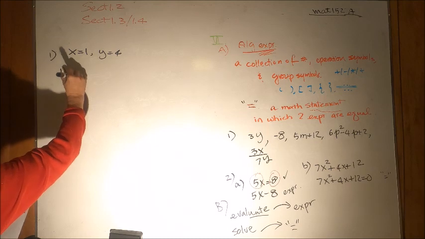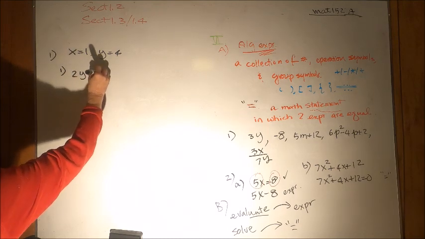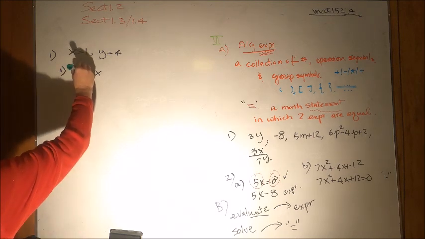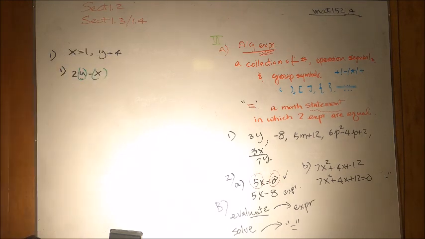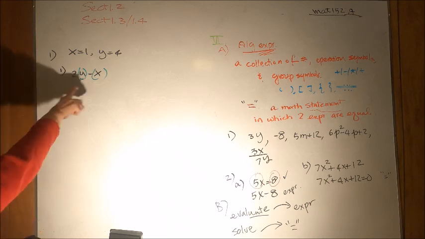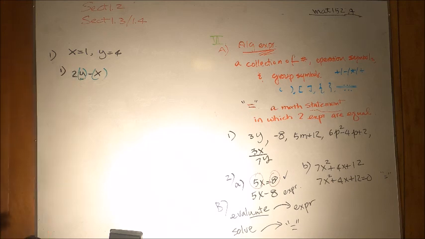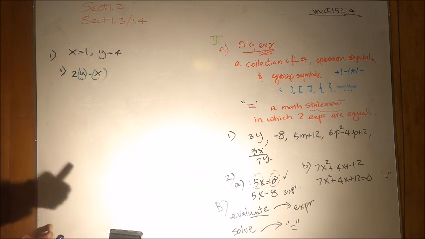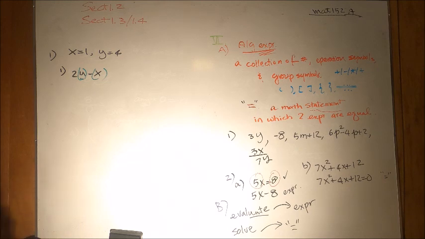So we say evaluate what you have, how much you are worth. All you need to do is just plug in. But when you plug in, it's good practice to put a parenthesis around your variable, just in case you have a negative number, so you will take care of the sign better.